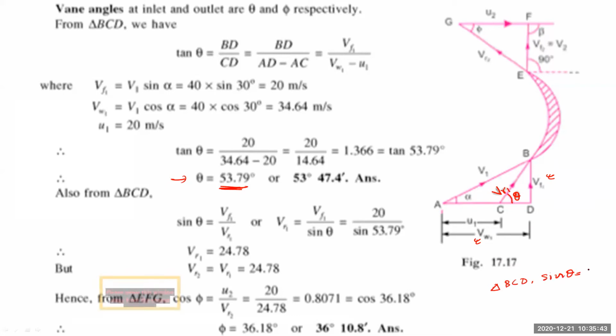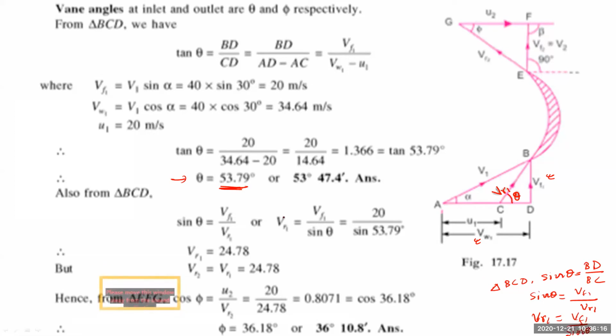It is perpendicular by hypotenuse. Perpendicular is BD, hypotenuse is BC. So BD is VF1 and BC is VR1. VF1 you have already calculated, and the value of theta is known to you. So from here you can calculate VR1. VR1 will be nothing but VF1 upon sine theta.